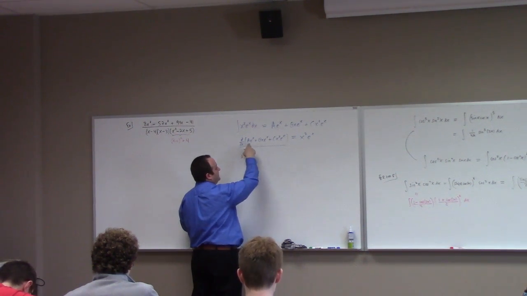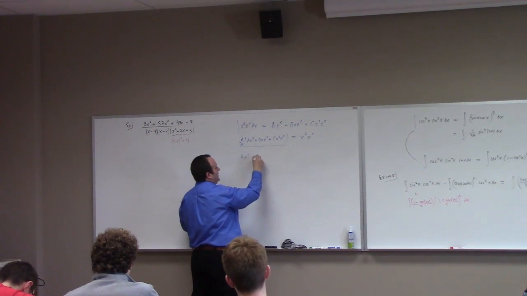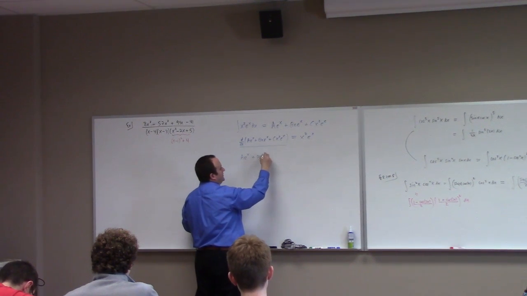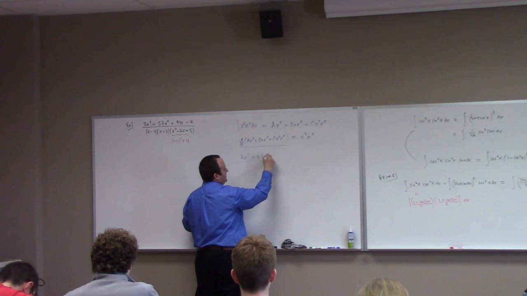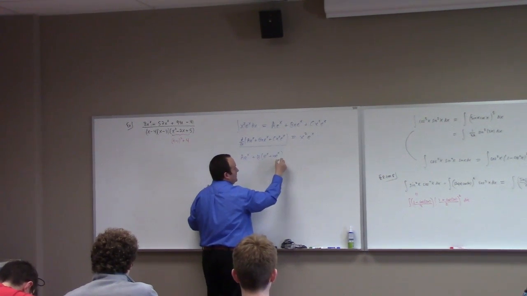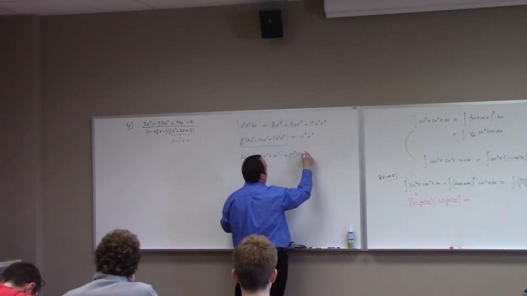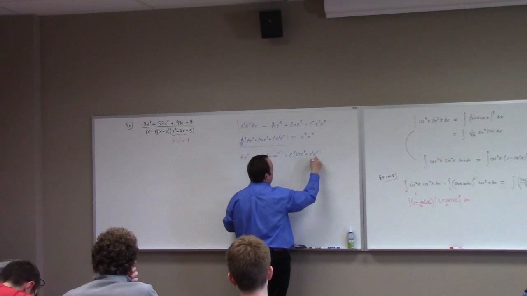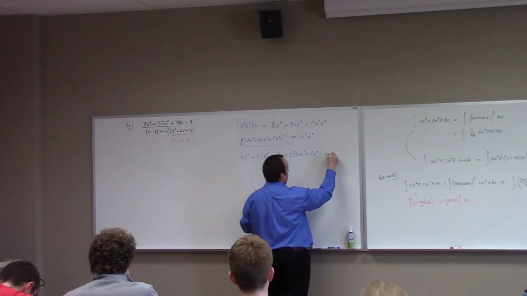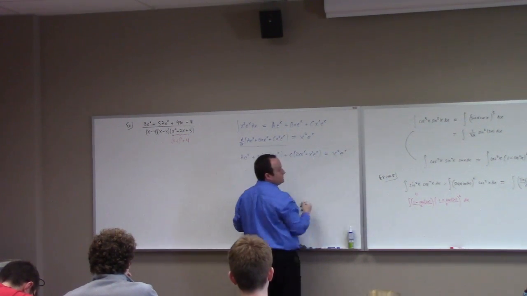So a e to the x is the derivative of that, right? But then I get b times what? Times e to the x plus x e to the x by the product rule, plus c times 2x e to the x plus x squared e to the x by the product rule. That's all equal to x squared e to the x.